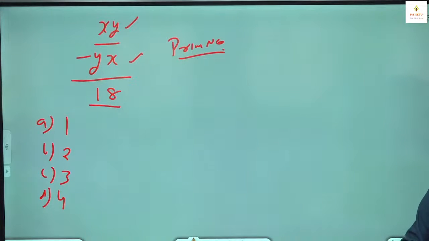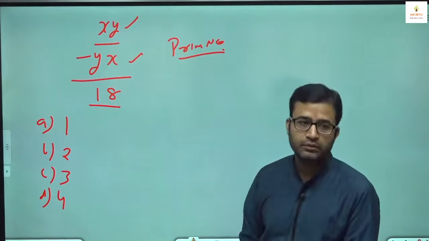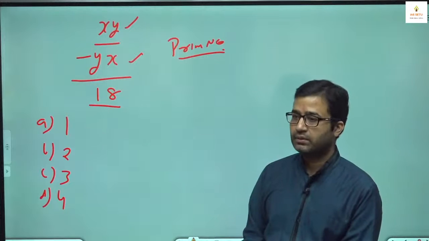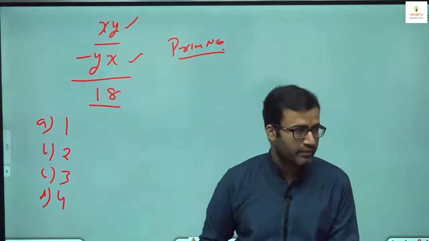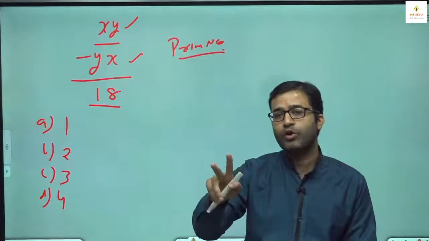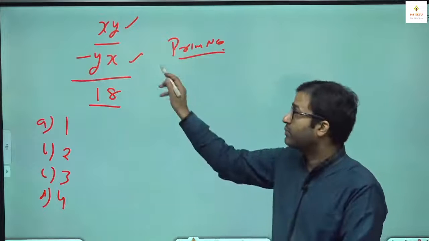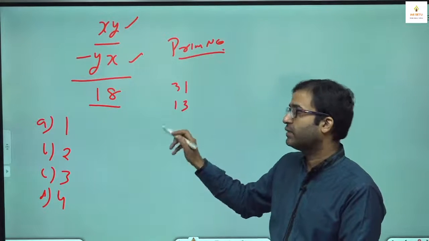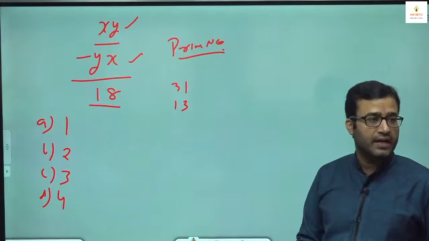आंसर दे देता हूं बिकॉज अदरवाइज इट विल बी वेस्ट ऑफ 5 मिनट्स अननेसेसरली। Later on when we will cover this topic, I tell you, it is based on two concepts, it is not a single concept. सीधा प्राइम नंबर का कंसेप्ट नहीं है, it is a concept of prime number plus 2 digit observation which I will take later. 2 digit का ऑब्जर्वेशन लूंगा। तो इसमें नंबर आता है 31 and 13, 79 and 97.